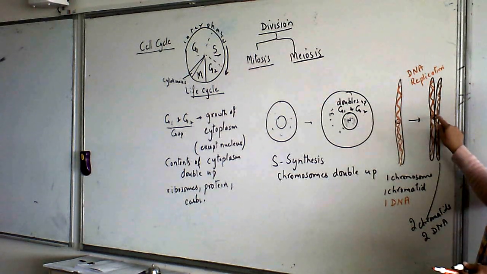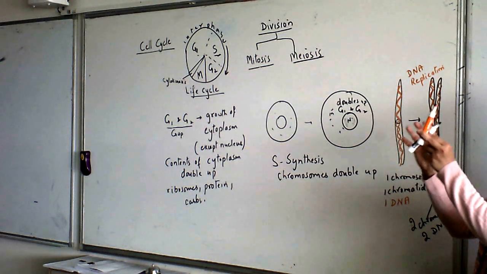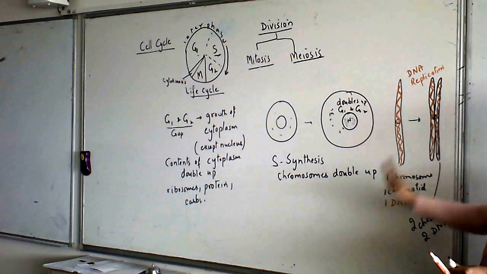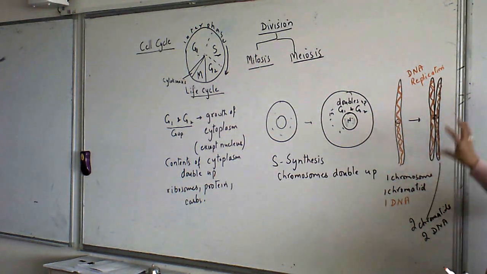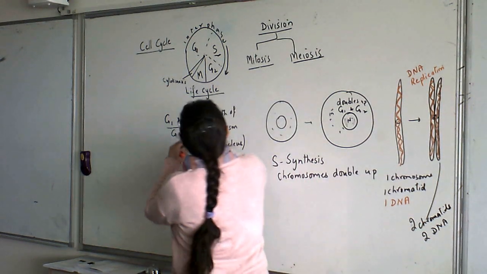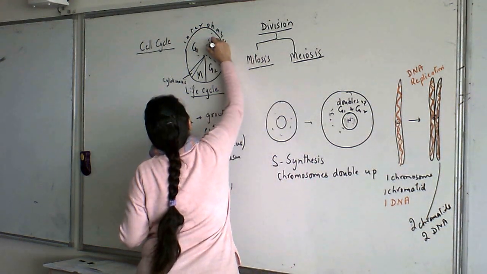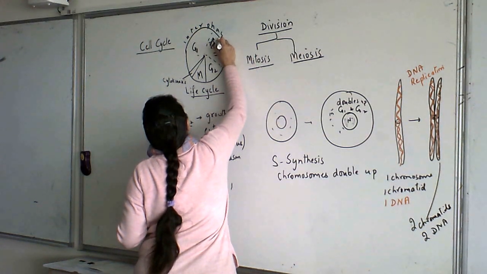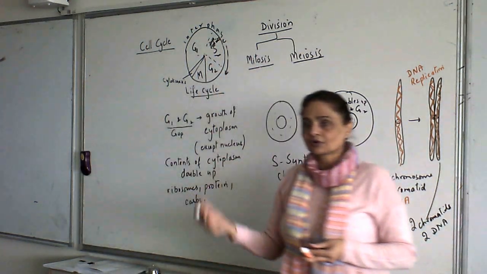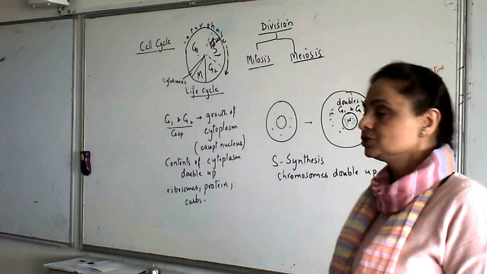So this way it has made two copies. Finally, when the cell divides into two, each one gets a copy of the whole DNA. Clear? So all this happens here. So the DNA replication occurs during S phase. Cytoplasm growth occurs during G1 and G2.